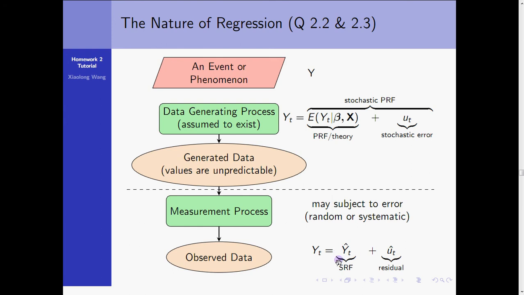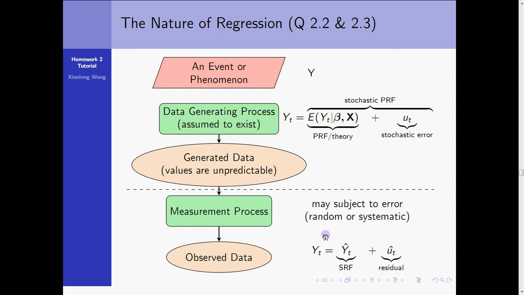So how do we select the sample regression function? Because from a population regression function, beta may take any value. So it could be any real number. So we have to select the best sample regression function from all the possibilities and get a good estimate. How good it is depends on the criteria that we put forward at the beginning.